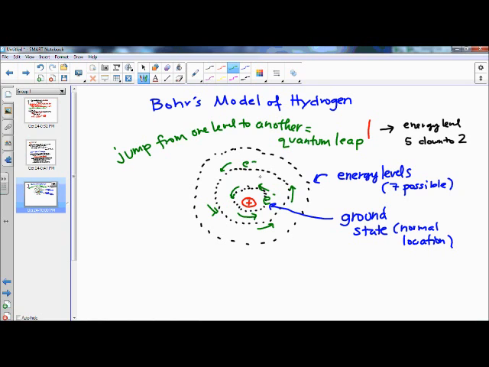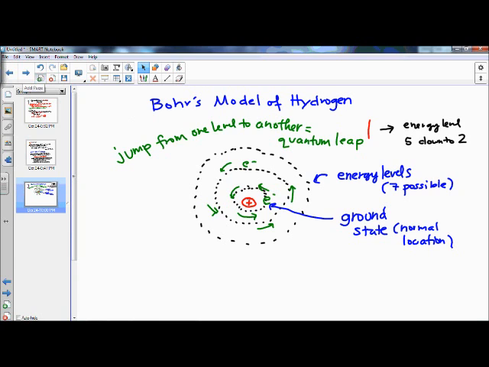Quantum leaps are when you go from one place to another place without passing through the space in between. So this is a new model of hydrogen. We still have the nucleus, and now we have the electrons moving around in specific energy levels. The electron is only allowed to be in a specific place.